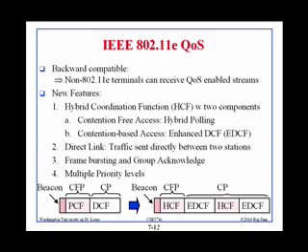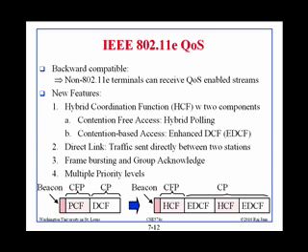The second thing this HCF adds is the direct link. Previously, if you had an access point, all the packets from A to B had to go from A to the access point, and from the access point to B. Now if you have equipment which is 11E compliant, you can go from A to B directly, even with the access point being present.